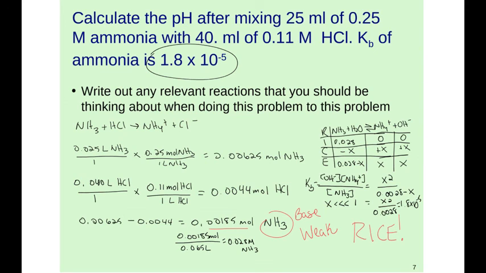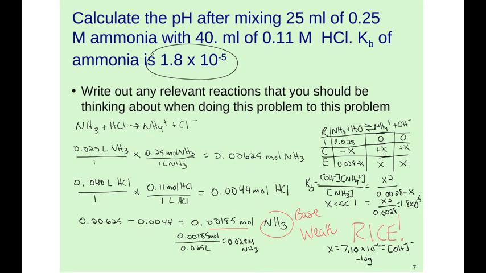And now all we need to do is solve for x. So we do a little algebra, we solve for x, and we get that x equals 7.10 times 10 to the negative fourth. And now we have to think, what is x? X is the concentration of hydroxide. So we can use our concentration of hydroxide to find our pOH.